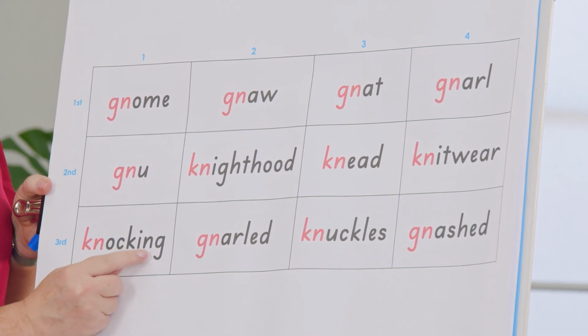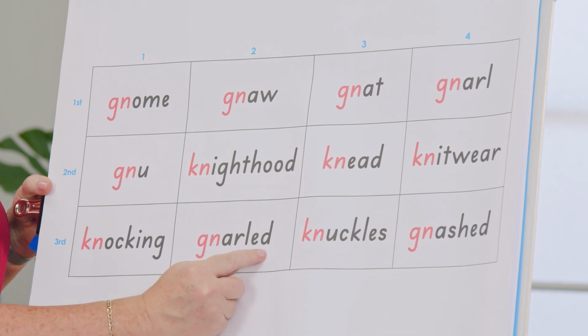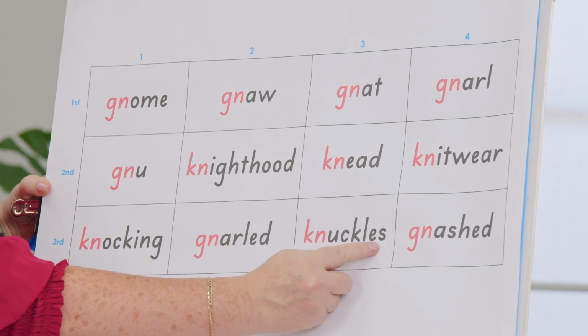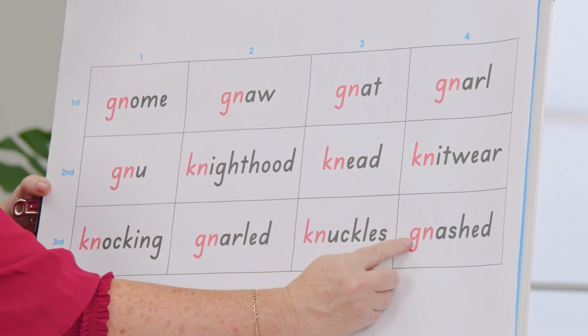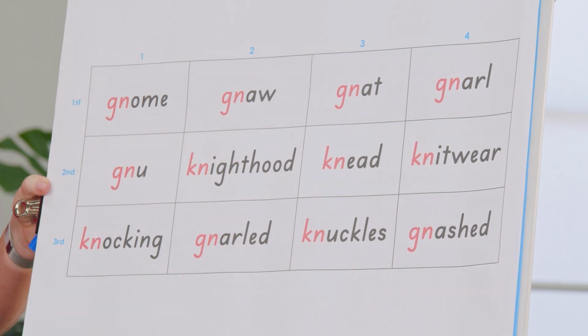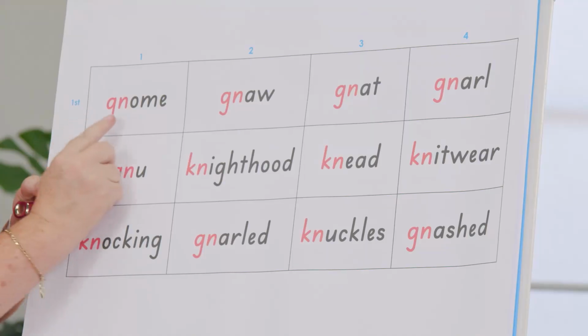And last one, last row. N-ok, ing, knocking. N-ar-ld, nald. N-ak, ls, knuckles, nashed, nashed. So let's read through all together, same time.